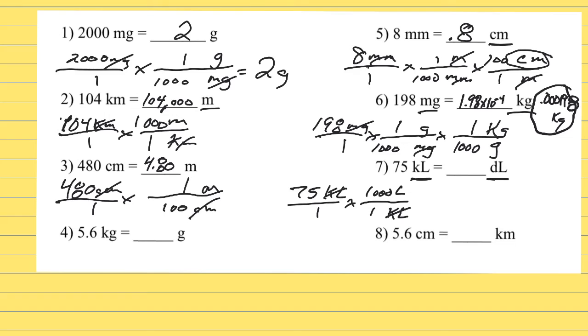Kiloliter goes away. Now I've got to get rid of liters and get to decaliter. And there are 10 decaliters in 1 liter. It's an L, believe it or not. And so it's 75 times 1,000 times 10 all over 1.